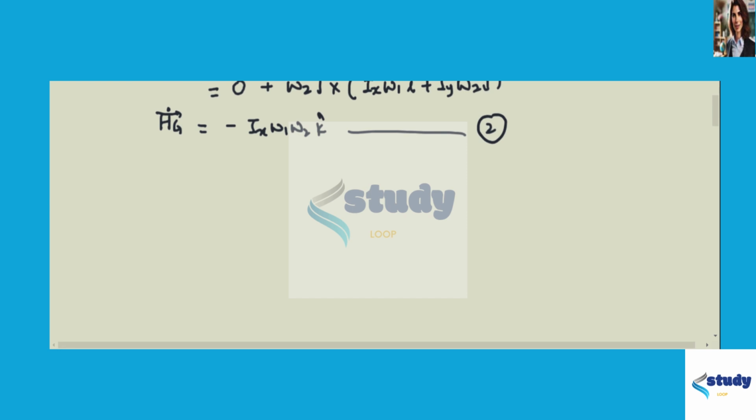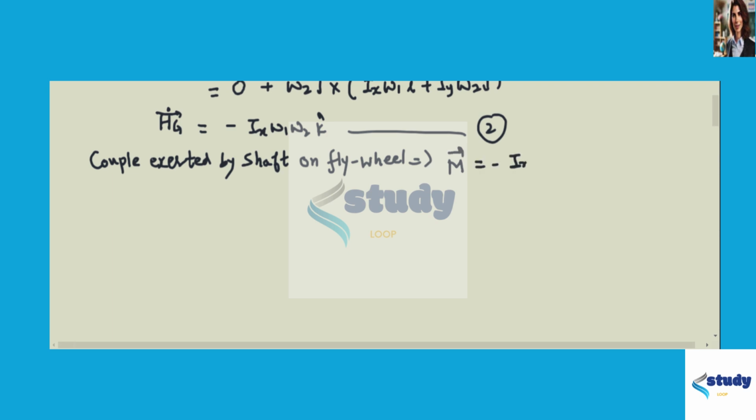Couple exerted by the shaft on the flywheel, M, is equal to minus Ix omega 1 omega 2 k cap.